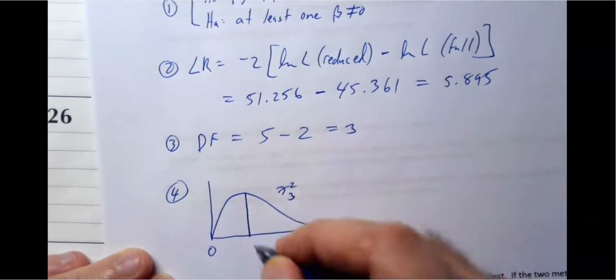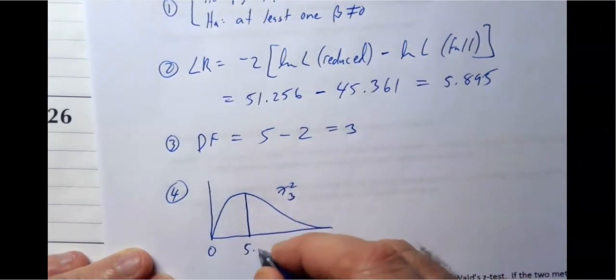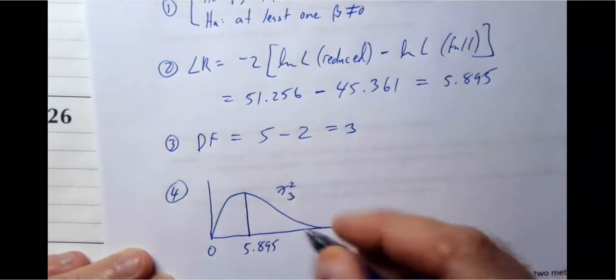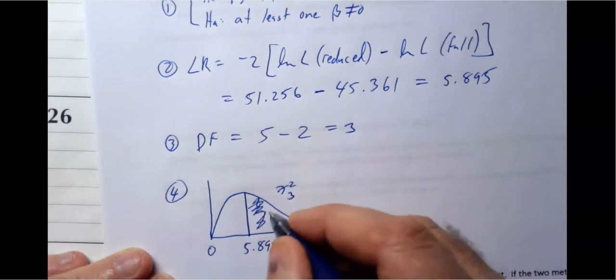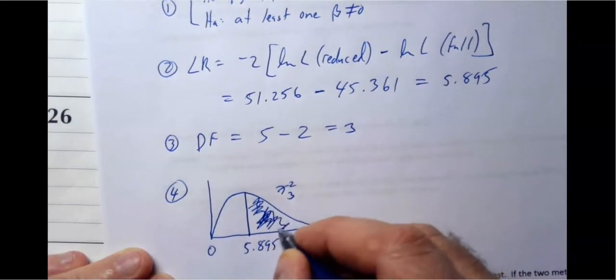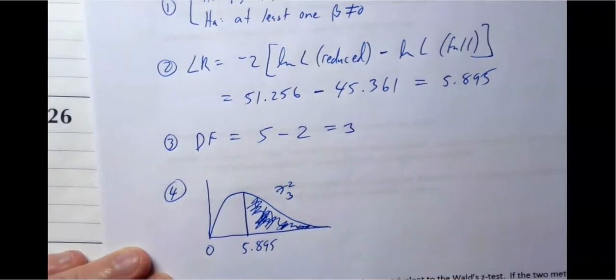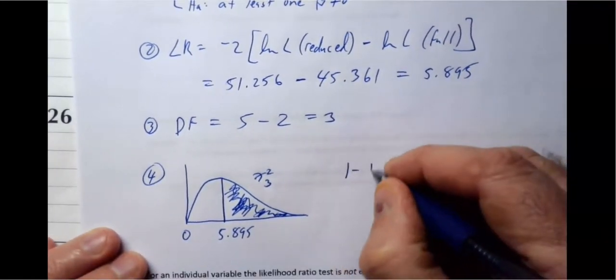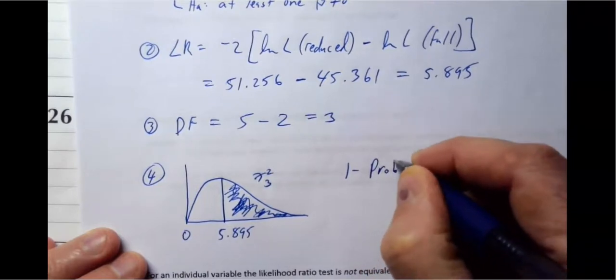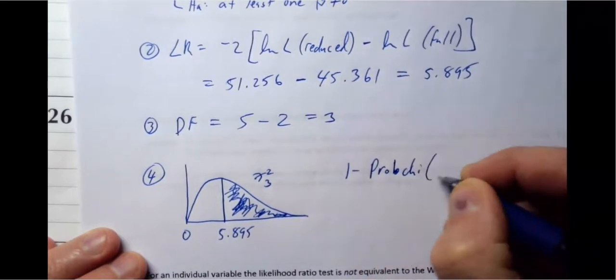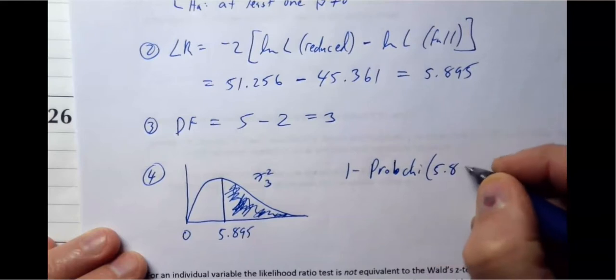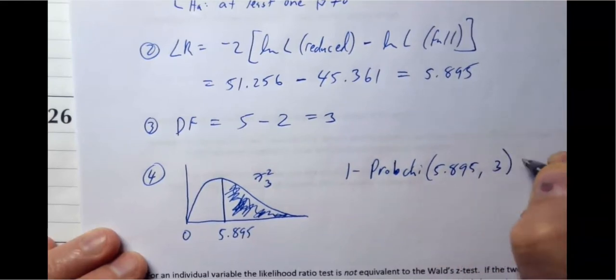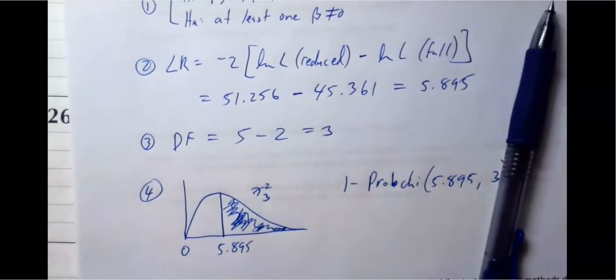Stick our test statistic on here, 5.895. The p-value always lives off here to the right. Now we can use the function 1 minus prob chi of 5.895 with 3 degrees of freedom. I'm going to go to SAS quickly.